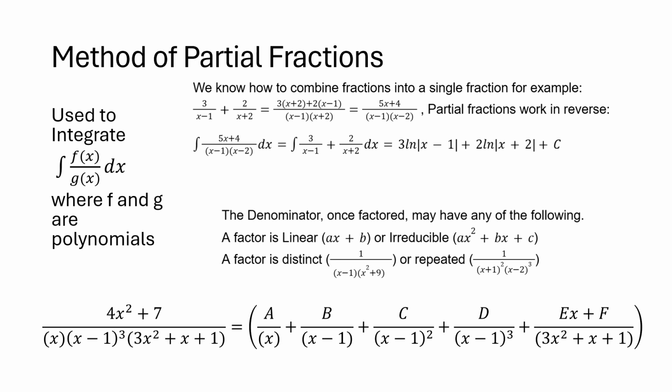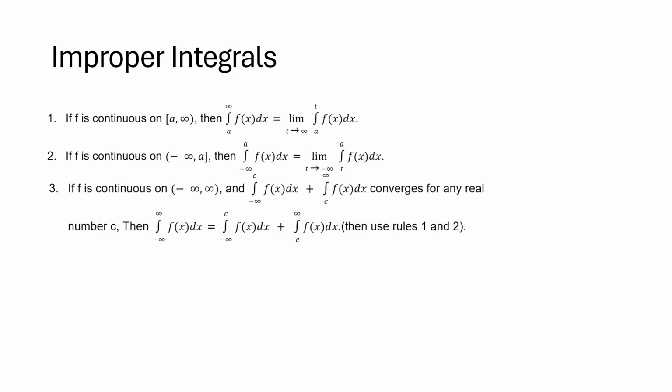To find the coefficients, multiply both sides by the denominator, and then plug in values for x. First use values of x that will zero out the factors, and then try to use simple values. We'll often have to solve a system of equations to figure out each coefficient. I recommend practicing this technique to better understand the process.